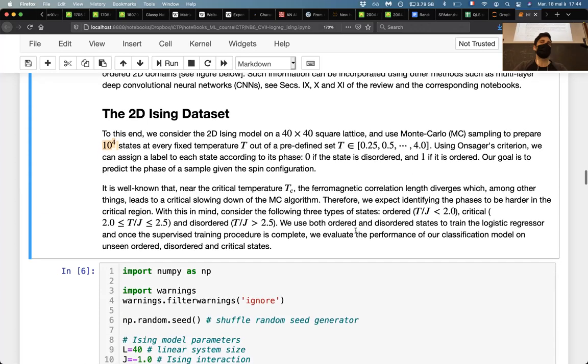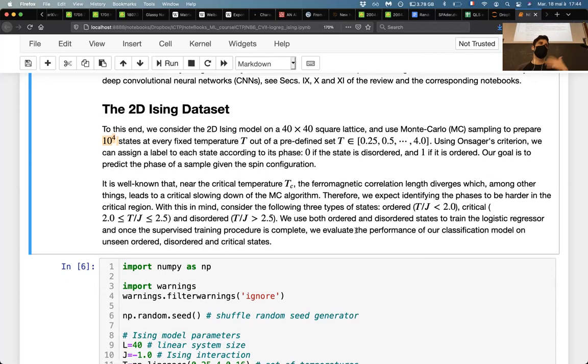All right, and once we have these configurations and labels, we want to train our logistic regression. And the hope is then that if you give new configurations that you sample at some unknown temperature, the model should be able to tell you if you are above or below the phase transition point, okay? And maybe you can even use your model afterwards on another type of Ising model or another Hamiltonian.